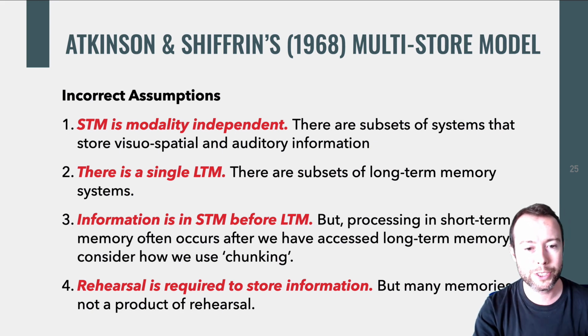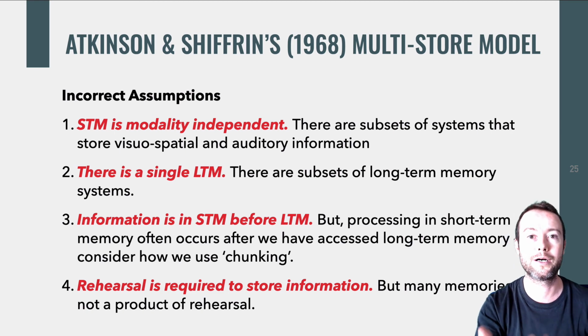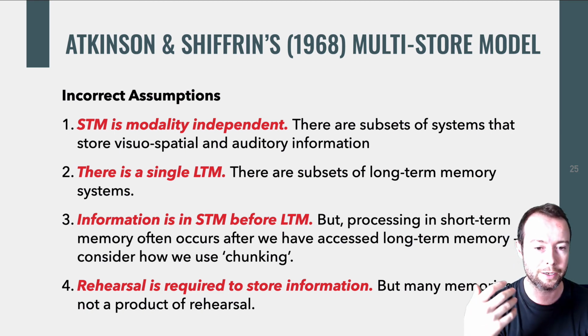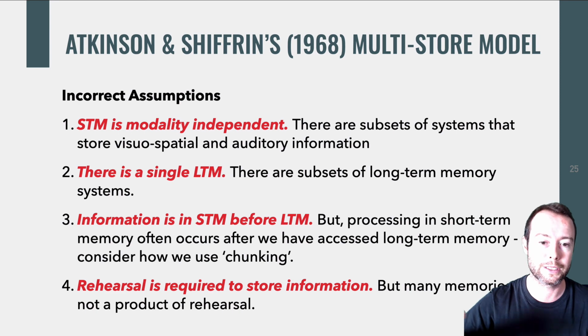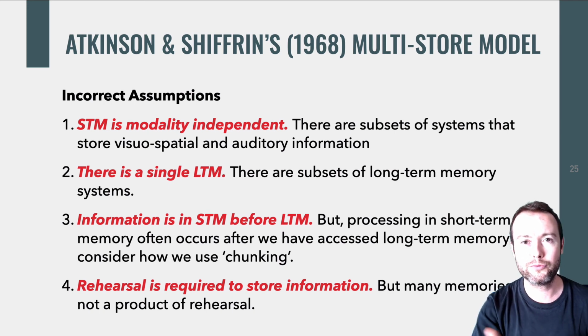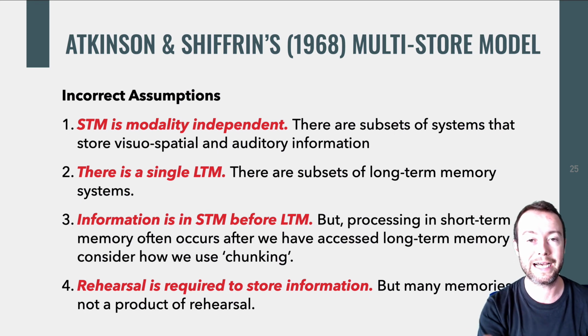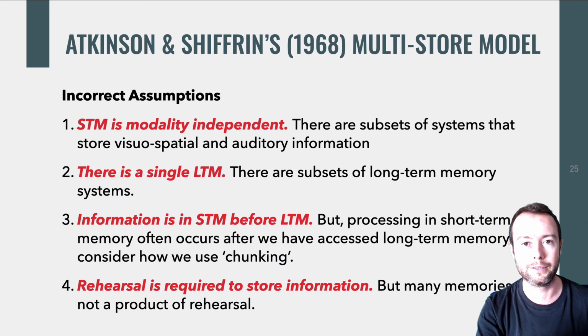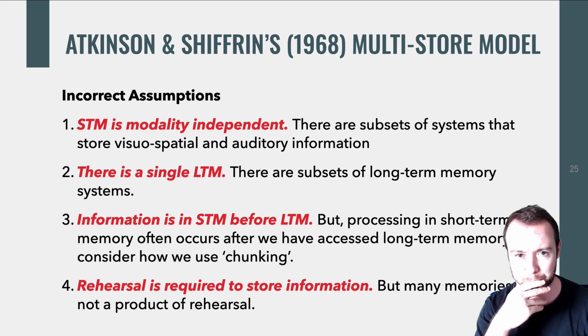Well, we know that when you're doing tasks that involve visuospatial information versus tasks that involve auditory information, these don't tend to interfere with each other very well. So there's pretty robust evidence that there must be two separate stores that we can access and manipulate at the same time that relate to auditory and visuospatial information.